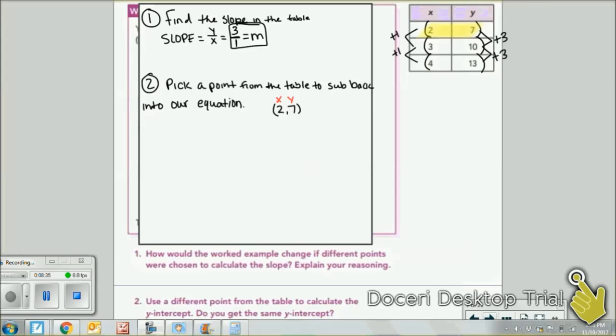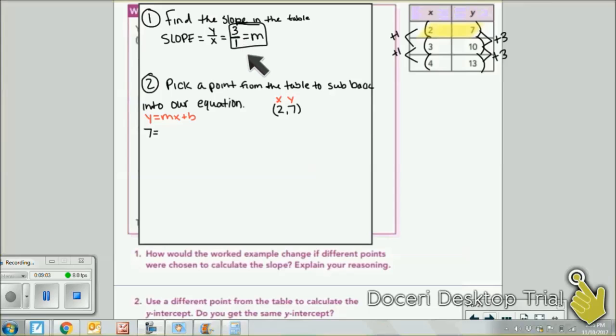So let's remind ourselves real fast the equation. Remember, it's y equals mx plus b. Okay, so let's start to fill this in underneath it. So instead of y, in our ordered pair, we have 7 for y. Okay, so instead of y, we're going to put a 7 because it's in our ordered pair, equals. Now next is the letter m, but remember up above here, we already figured out what m was.